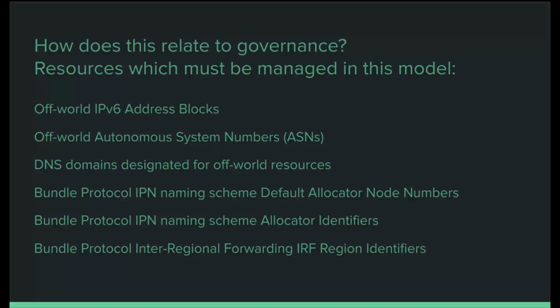The concept of regions is somewhat analogous to the concept of autonomous system numbers in an IP network, in that it would be used to designate an administrative domain or a scope of operation for a particular network operator when you have multiple network operators that are interacting together to form a network of networks.